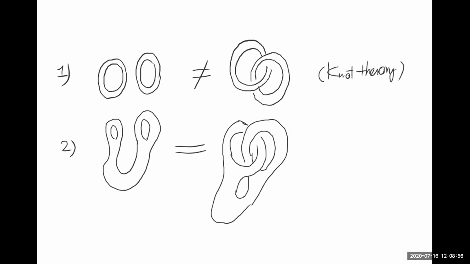One way to show these two things are not equal is with the use of a tool named the fundamental group, which we are not going to talk about. But the second equality is correct. We can deform one to get to the other one, as you saw in my diagram and also in the video. These two things are the same in the sense of topology.